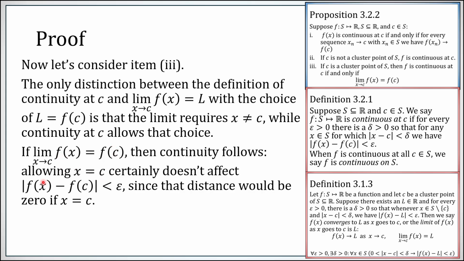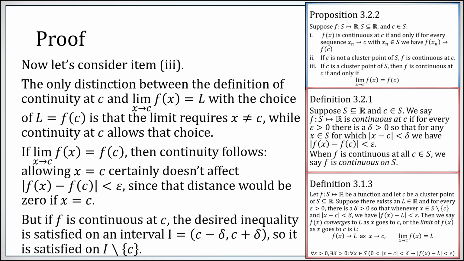We can guarantee f of x to be very close to f of c for every x that is close to c but not equal to it. But if x equals c, you get a 0 here, in which case this inequality automatically follows anyway. However, if f is continuous at c, this inequality holds for every x within delta of c, whether x is equal to c or not, so it definitely applies when x isn't equal to c.